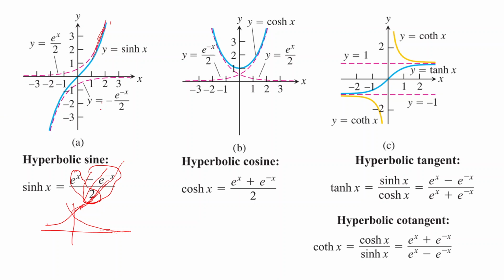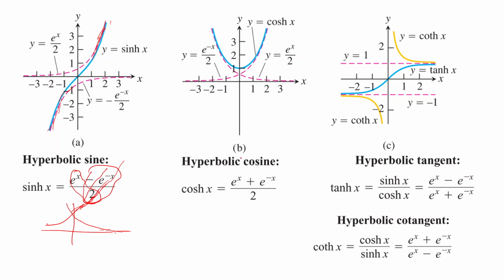So minus e power minus x by 2 is actually this pink one, right? Towards the left, this is dominating because the other doesn't contribute anything. It is almost 0. So that's why the sin hx graph, hyperbolic sine, is something like this blue line. So this is hyperbolic sine: e power x minus e power minus x by 2.